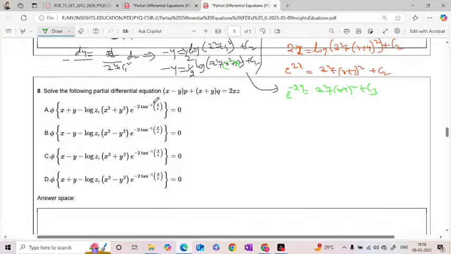Next one. What about here? Which one is the correct option? This is the last problem.